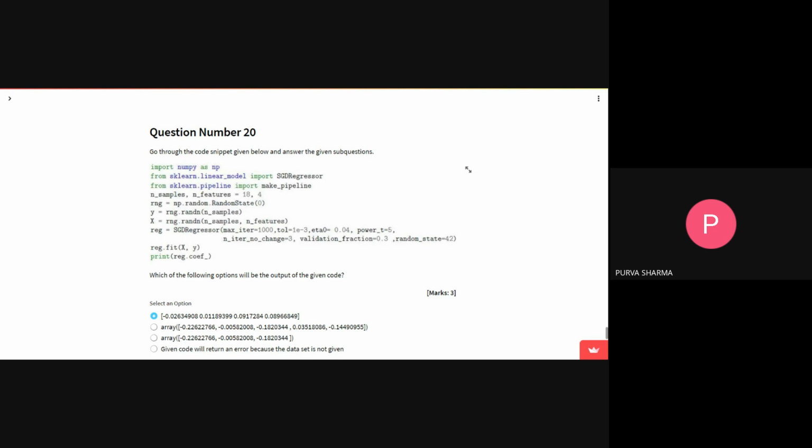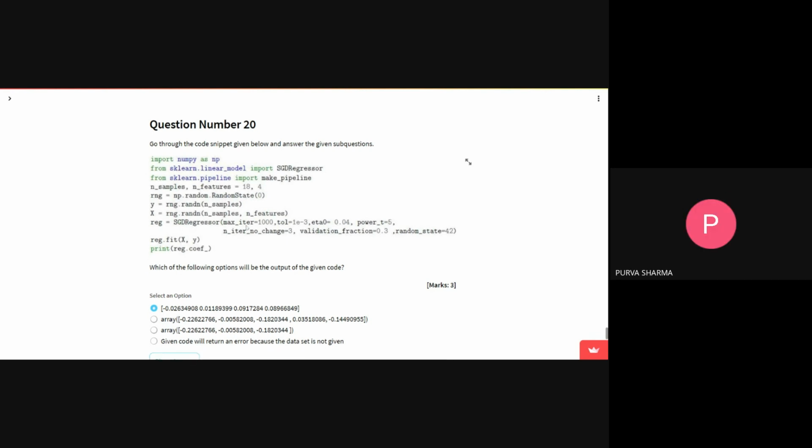And then we are fitting SGD regressor with max_iter 1000, tolerance 0.001, initial learning rate 0.04, power_t, n_iter_no_change, validation fraction, and random state 42. This is just initializing this SGD regressor. Then we are fitting it on X and y, and then printing the coefficients.